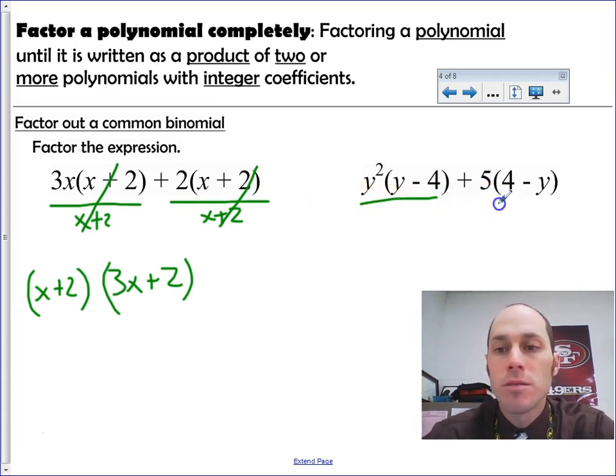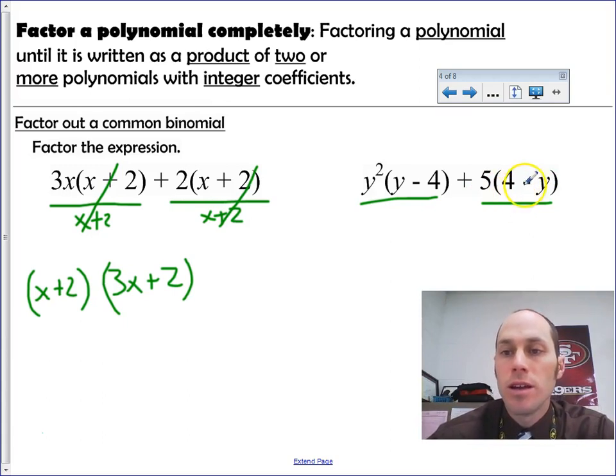Notice this term and this term do not have a common binomial, but y minus 4 and 4 minus y look similar. So if I can switch that order around and really make it negative y plus 4, it still doesn't look the same. So I guess I haven't accomplished much.